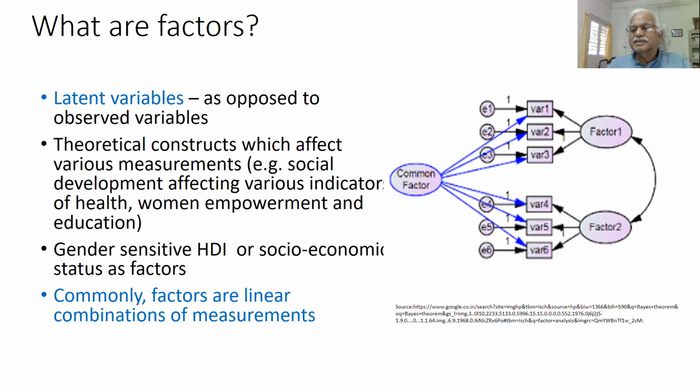In some books, you will not find the direction of these arrows showing relationships. In factor analysis, they simply talk of some kind of relationship, but they do not specify whether variable affect the factor or factor affects the variable. There is a relationship. Relationship is a more neutral term than saying that there is a cause and effect, a relationship between variables and factors.